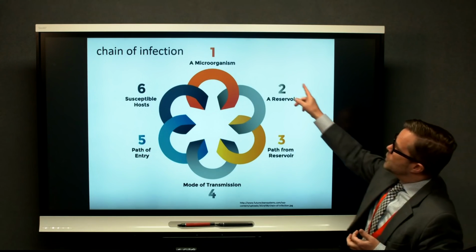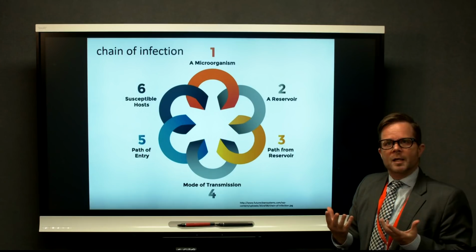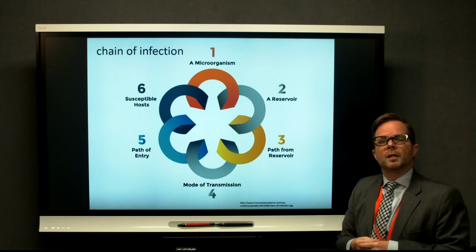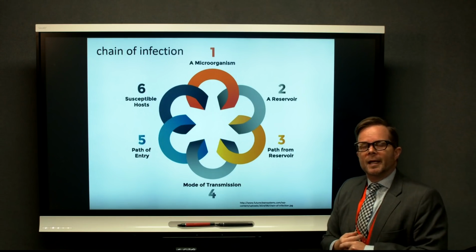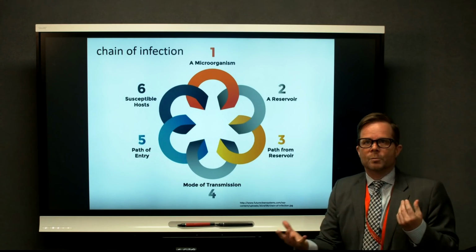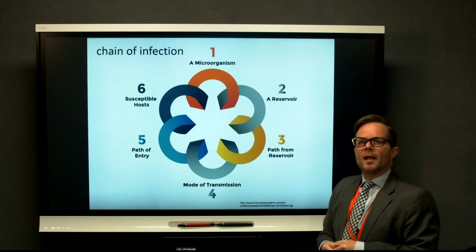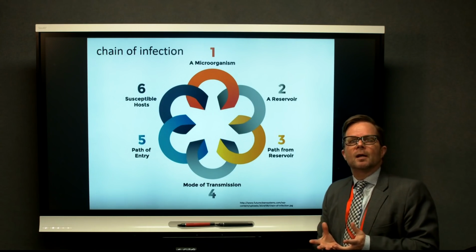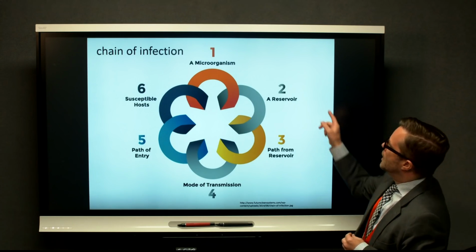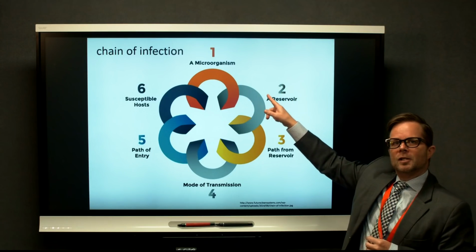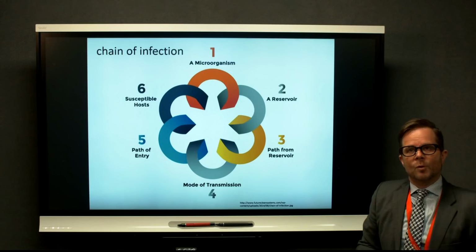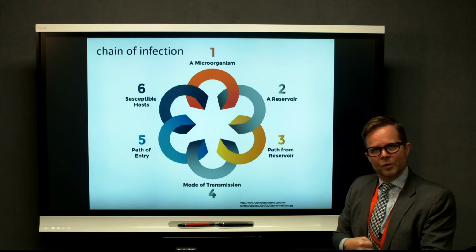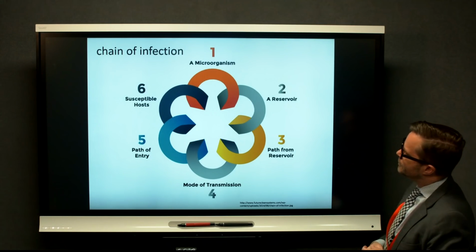Those reservoirs could be tissues, it could be blood, it could be a respiratory mucosal lining, it could be anywhere. It could be water, it could be food, all of those things could be a reservoir. So if we're thinking about our chain of infection and breaking it, what can we do to affect the reservoir in order to reduce the risk of infection?